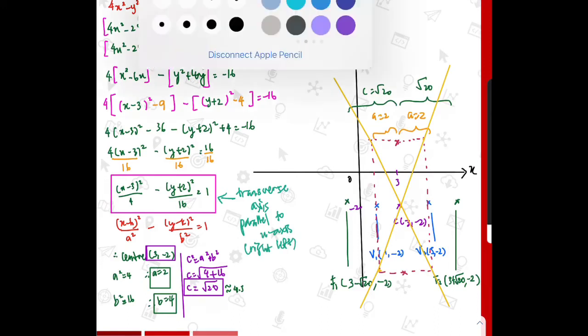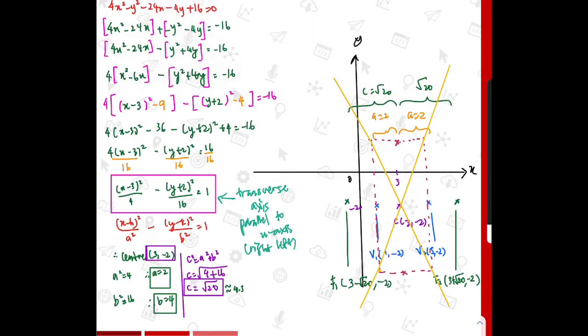Therefore, let us graph it. From your vertices, go up and down. Make sure you follow your asymptote. So now this is your final graph.